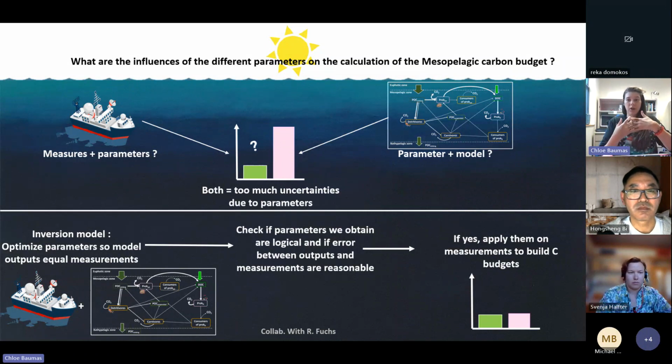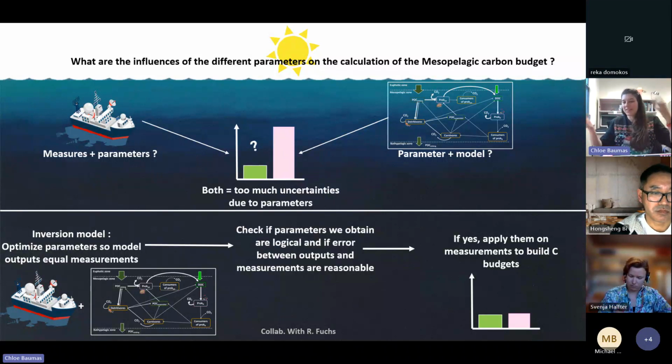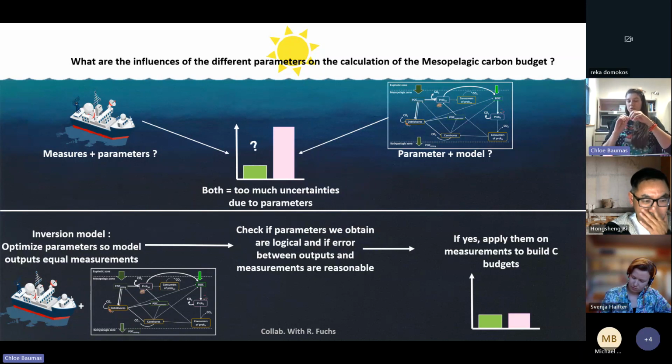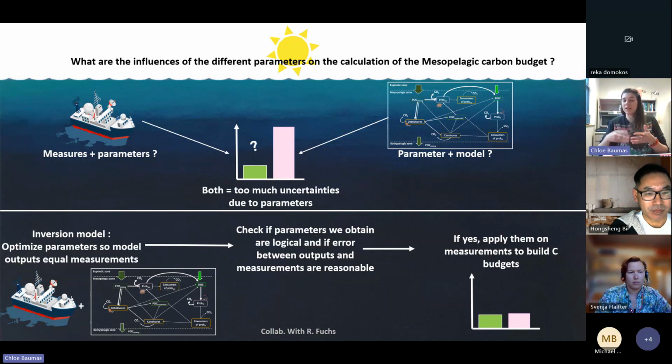We have a few measurements for which we are confident, or let's say we are confident, and these same measurements are model outputs. So we are going to force the model to optimize the combination of parameters that allows the model outputs to have the closest possible value to our measurements. Don't know if that's clear. And we can then see if the proposed parameter values make sense, and if so, we can use them to build a carbon budget.